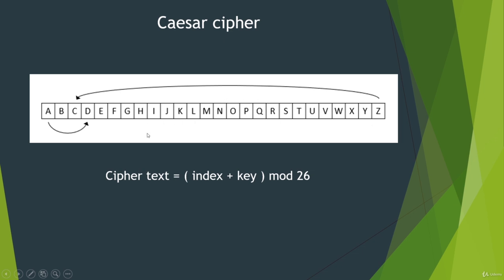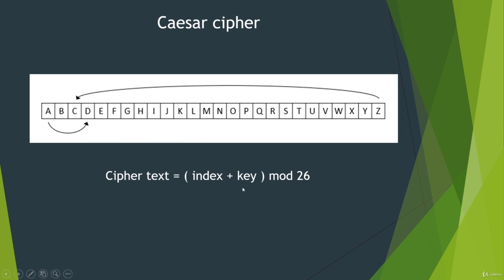If you have a plain text, you apply this character-wise. You take the first character and find out its index. After finding that index, you need to determine some key, and you add that key to the index.